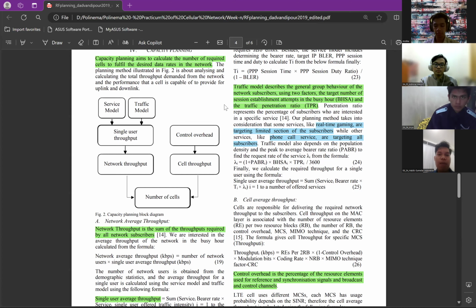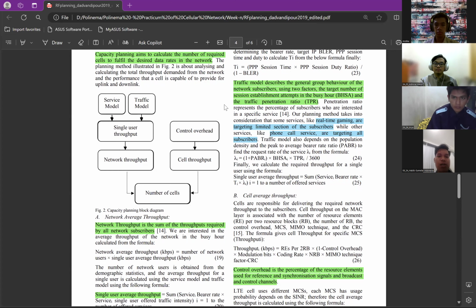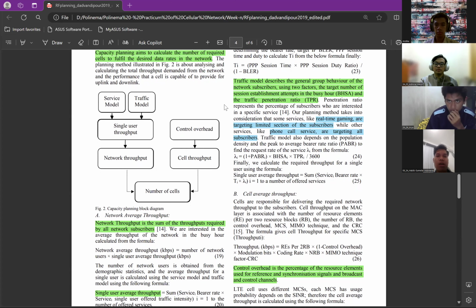Phone call service targets all subscribers. The control overhead is the percentage of resource elements used for reference and synchronization signals and broadcast and control channels.